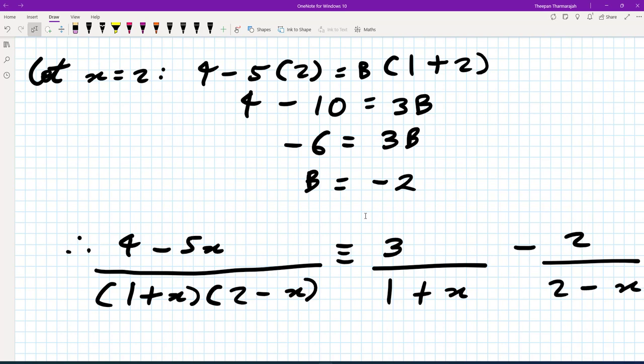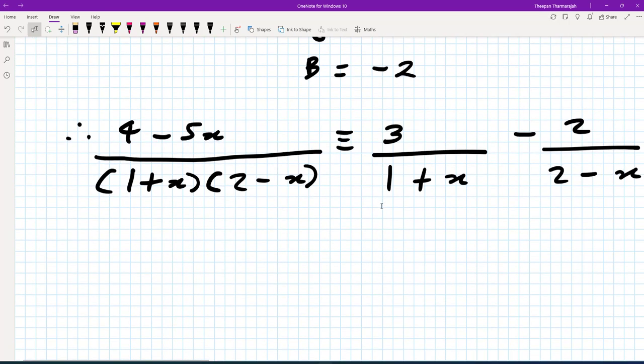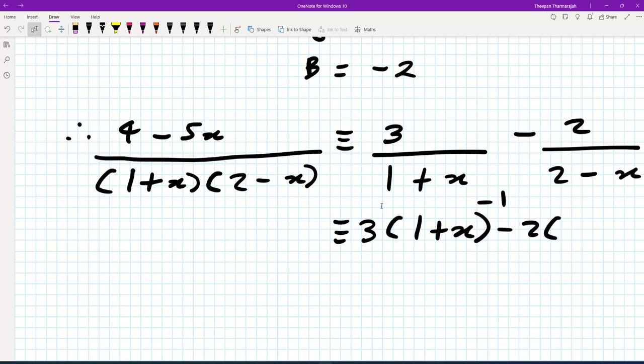So now that we have that, we can rewrite this as 3 times 1 plus x raised to the power of minus 1, minus 2 times 2 minus x raised to the power of minus 1.